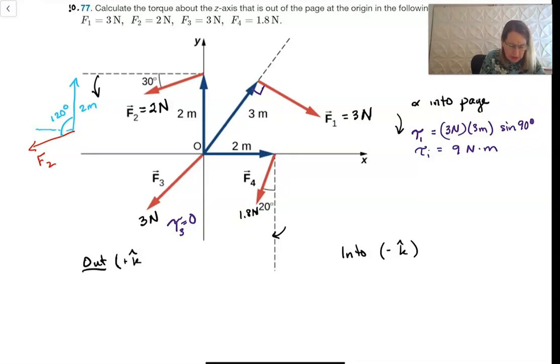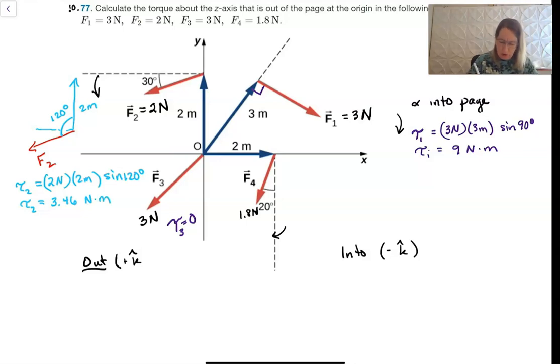So torque 2 is F2, 2 newtons, times 2 meters, times the sine of 120 degrees. The magnitude is 4 times sine of 120, which is 0.866. So this gives me 3.46 Newton meters.